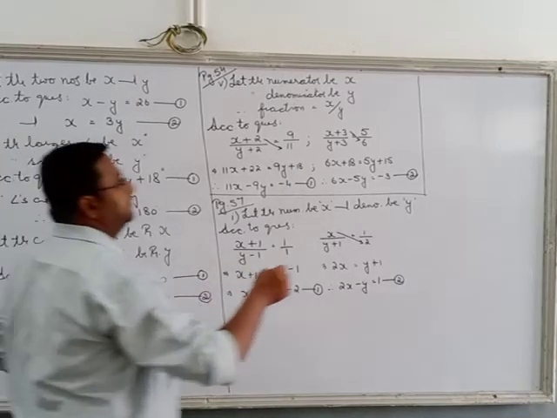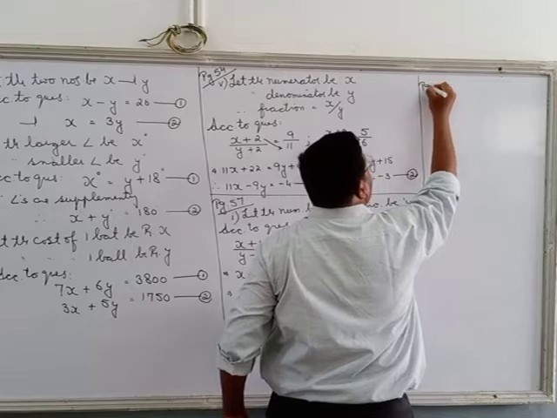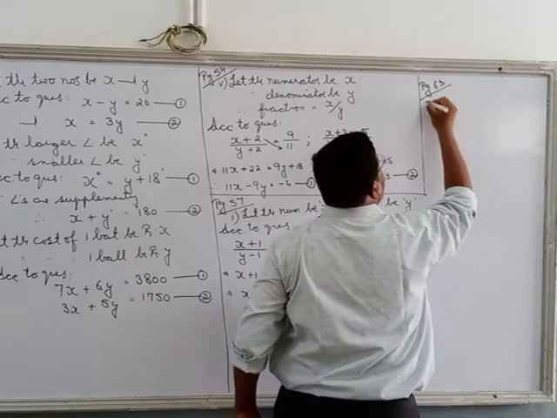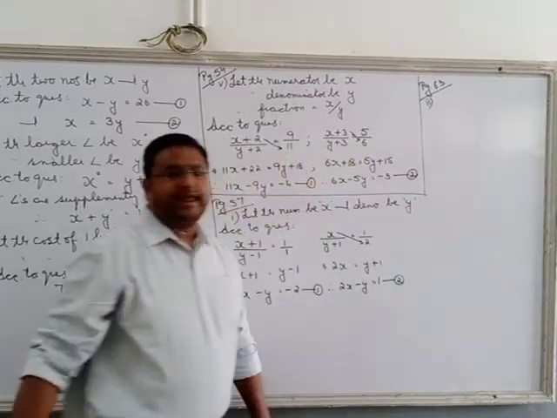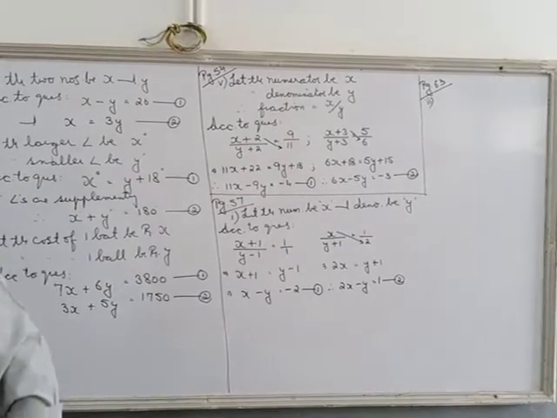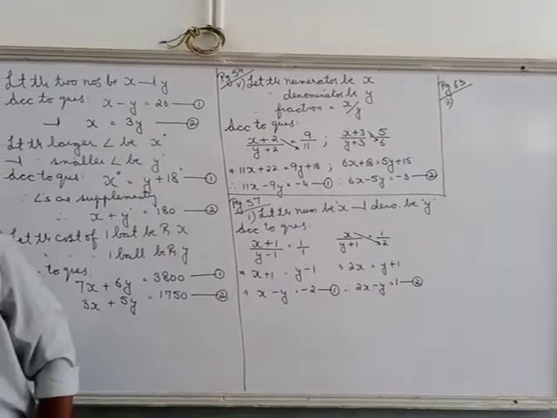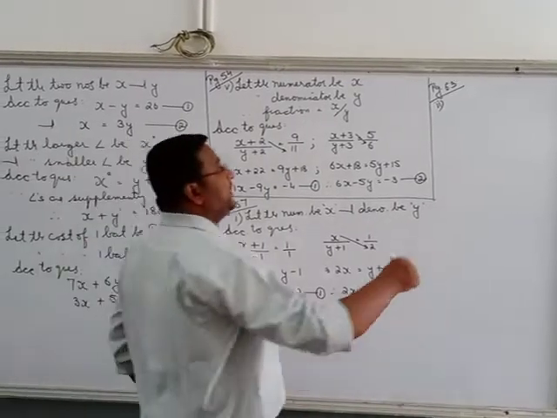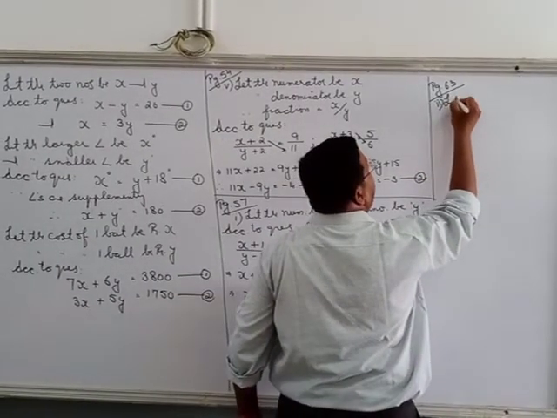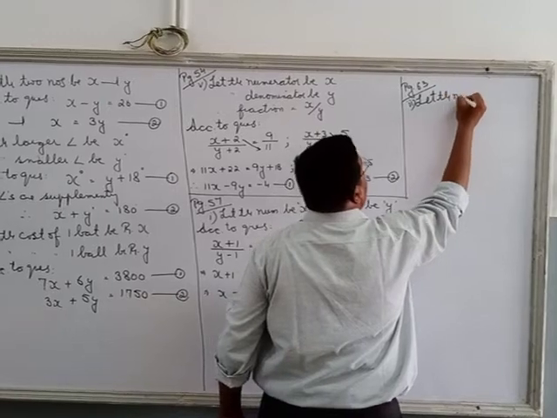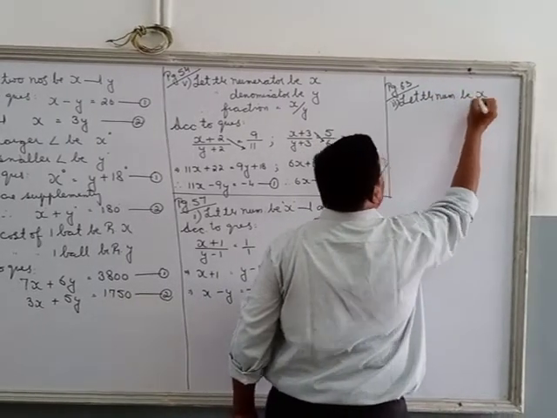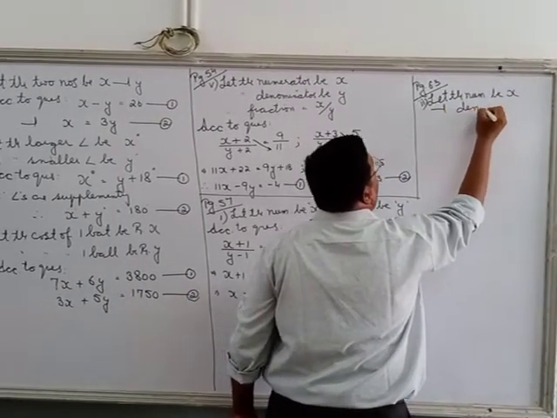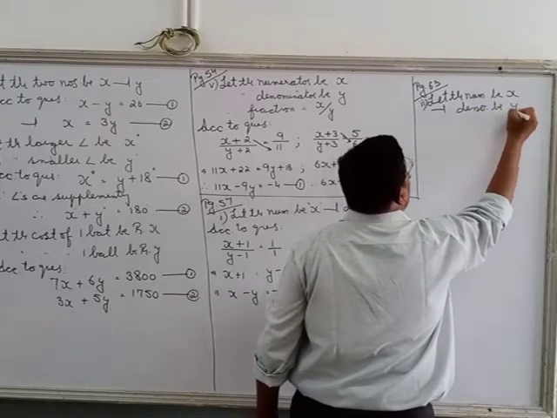Second part, page number 63. What does he say? Again he is talking about a fraction. He says a fraction becomes 1 by 3 when 1 is subtracted from the numerator. Again, let the numerator be x and denominator be y.